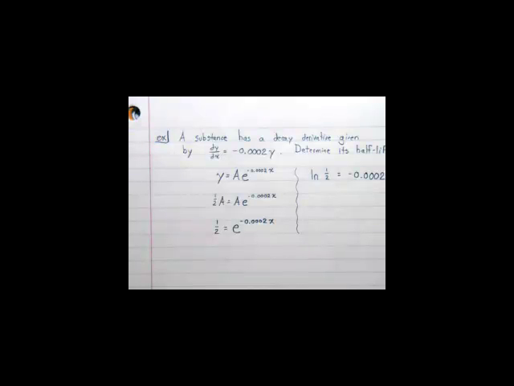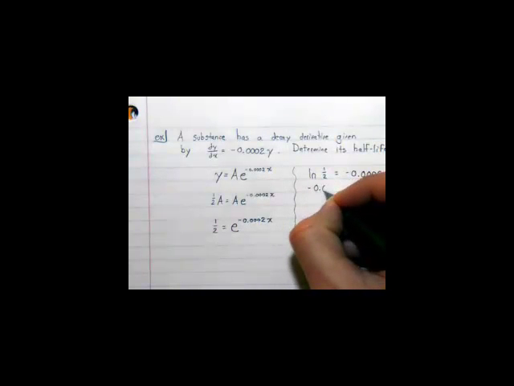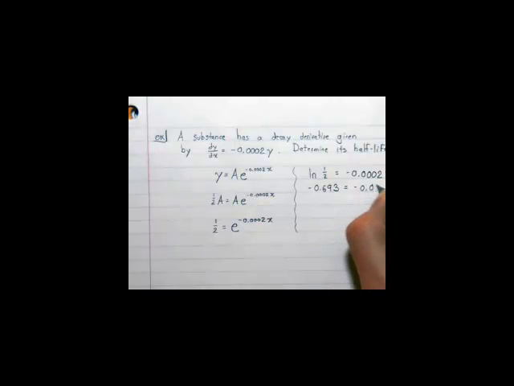So, anybody got that for me? Okay, do a little bit of division. Negative 0.693 divided by negative 0.0002.